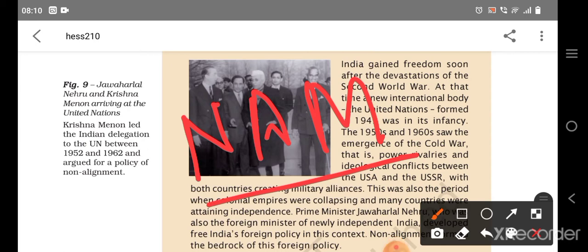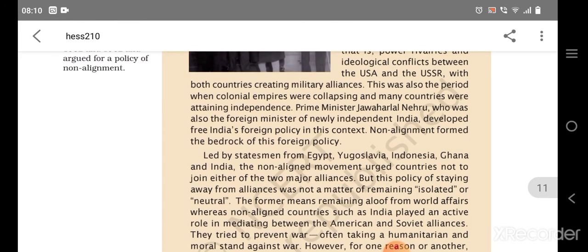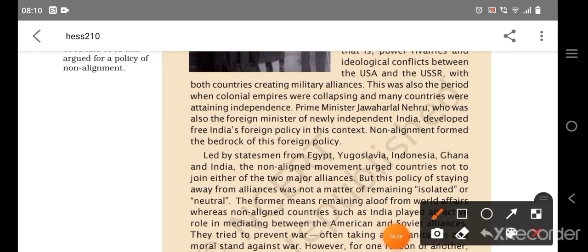After finding that India was the only one in this movement, he also asked other countries such as Indonesia and Ghana. Egypt and Yugoslavia are also mentioned. All these countries were part of the non-aligned movement, and urged countries not to join either of the two major alliances. They urged other countries not to join any alliance: be your own world.